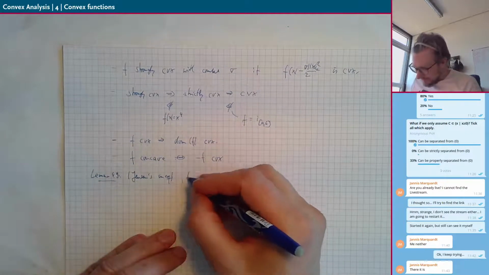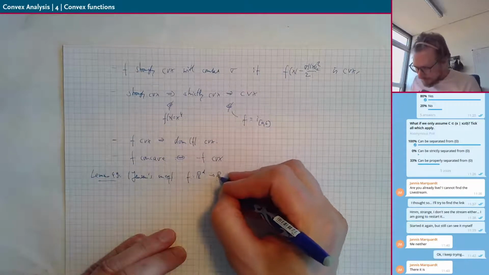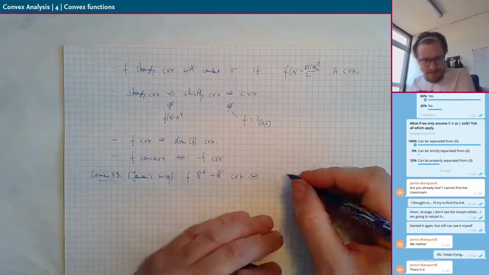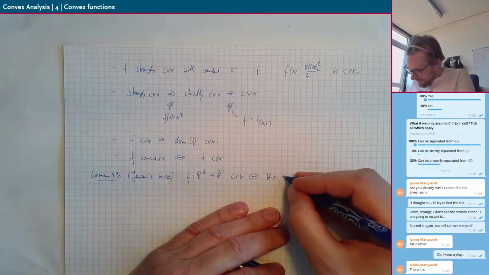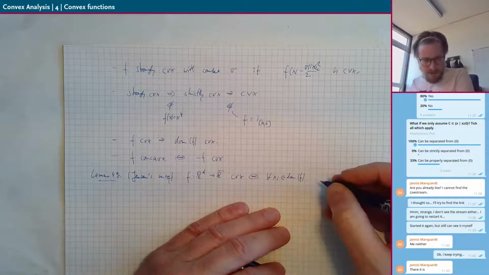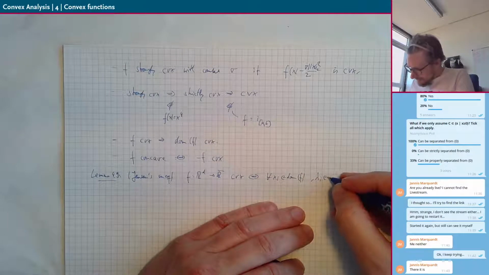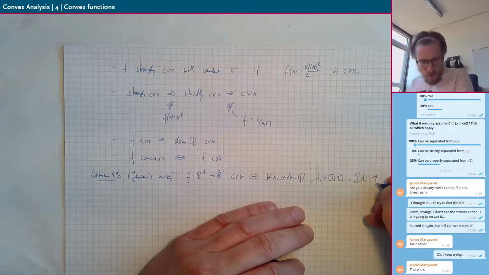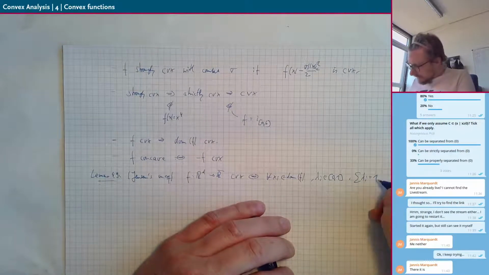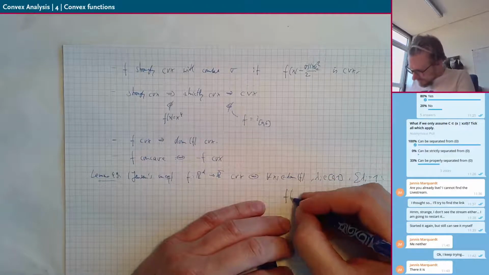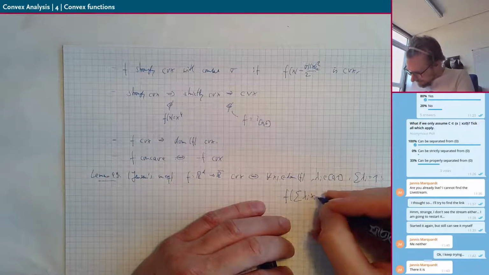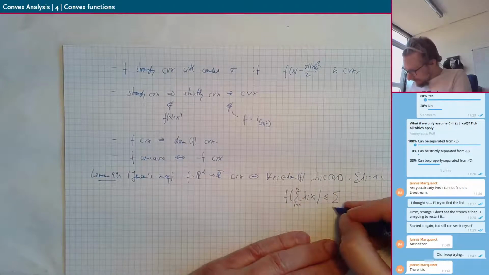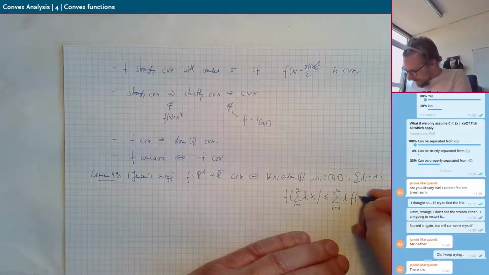And it goes like this: a function f from R^d to the extended real line is convex if and only if for all x_i in the domain of f and lambda_i in the interval from 0 to 1, such that they sum up to 1, it holds that the function value at the convex combination is smaller or equal to the corresponding convex combination of the function values.